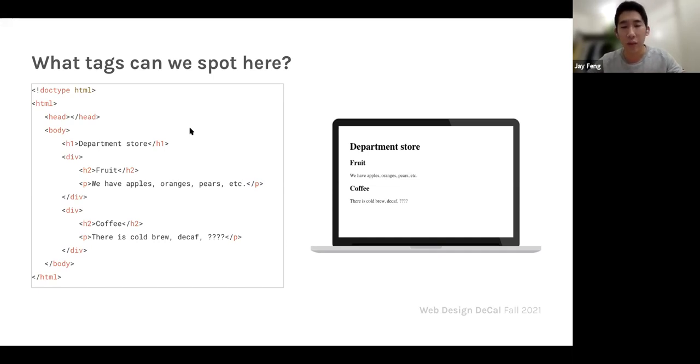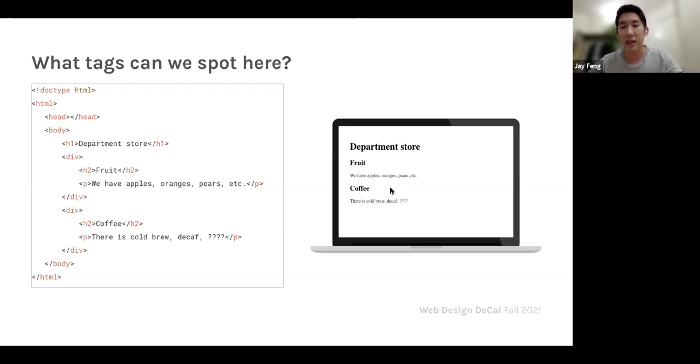And we'll get to this when we start learning CSS, but let's say we have our web page that looks like this. It's a department store website. I guess there's no styling here yet, but we have this title of fruit, and then underneath we have the subtitle or description that says we have apples, oranges, pears, etc. We have another section called coffee, and there's some description for coffee.